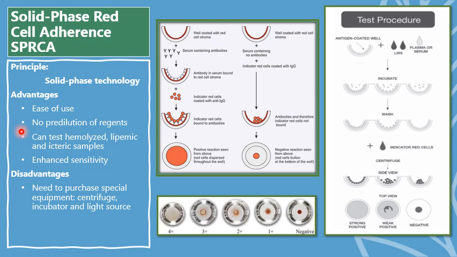And because of its enhanced sensitivity, the detection of weak alloantibody is also enhanced. Its disadvantage is that there is a need to purchase special equipment like centrifuge, incubator, and the light source.